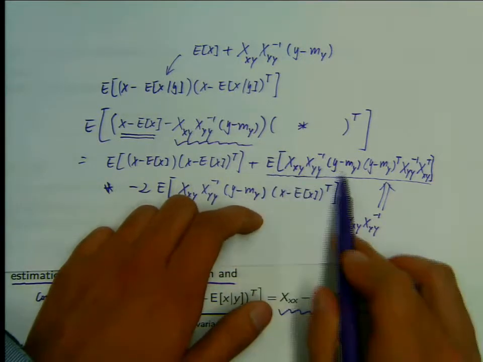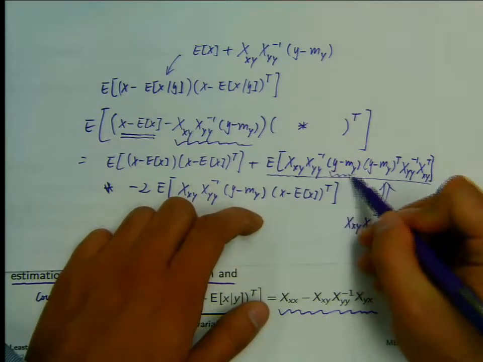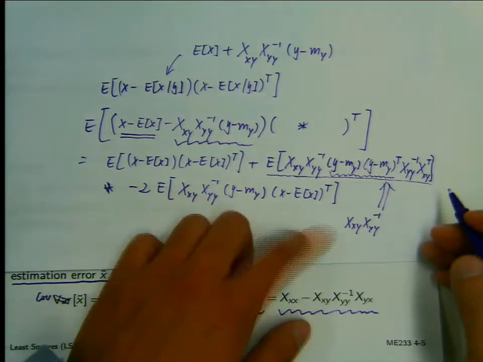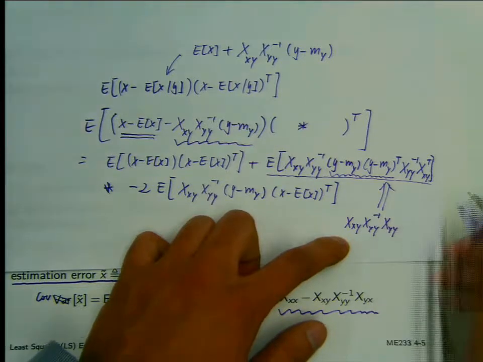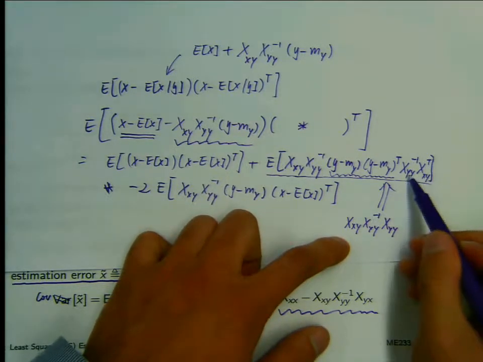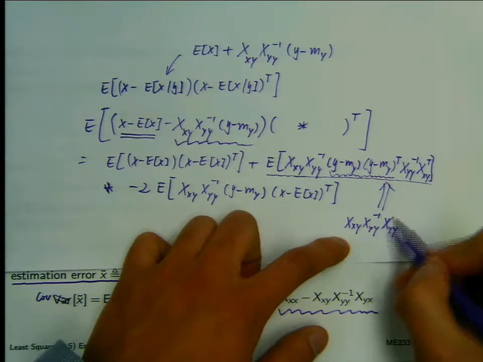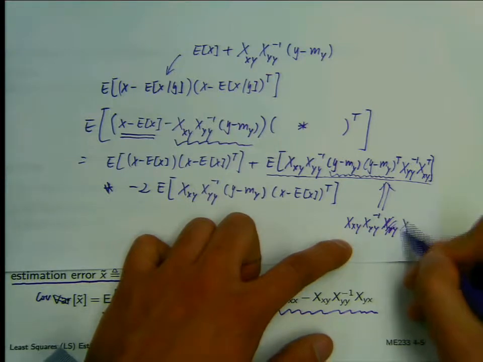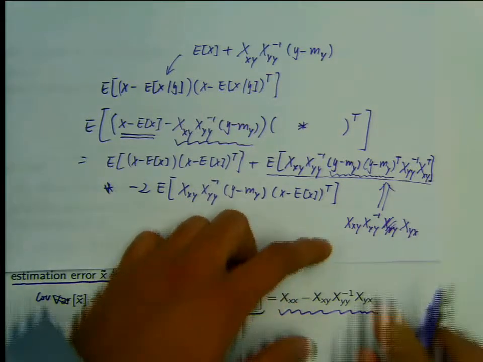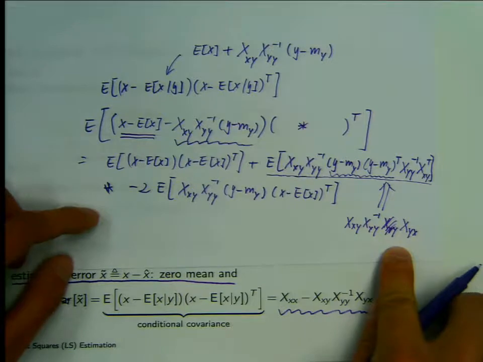What's the expected value of this middle term here? It's the covariance of y, Σ_yy, right? And then there will be another Σ_yy inverse term. So this got canceled. I'm going to have Σ_xy Σ_xy transpose, but Σ_xy transpose equals Σ_yx. So this is the result here.